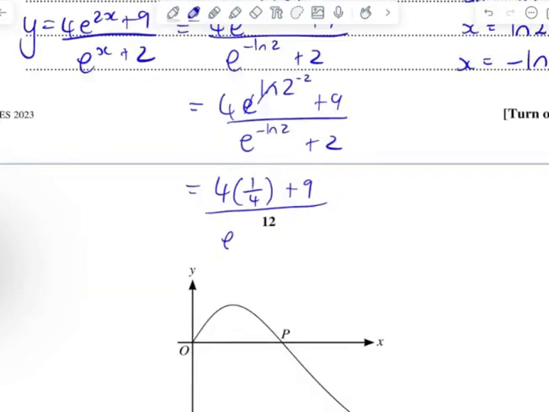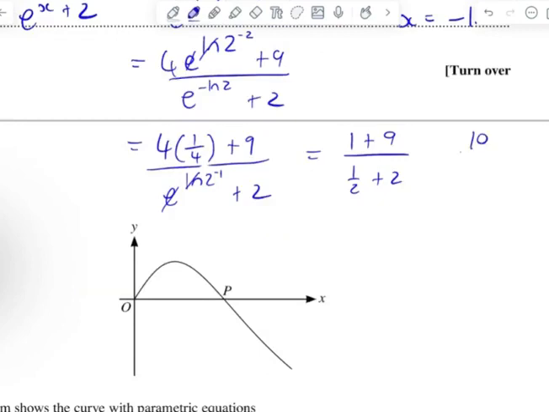This is going to be e, and I'm also going to take up my minus. It's going to be 2 to the power of minus 1. Those e and the ln cancel out. That's going to be a half plus 2.